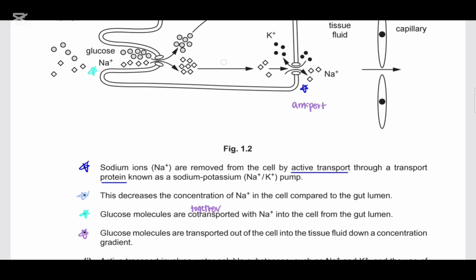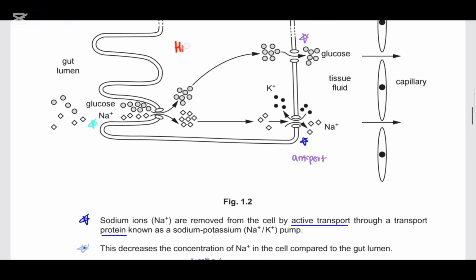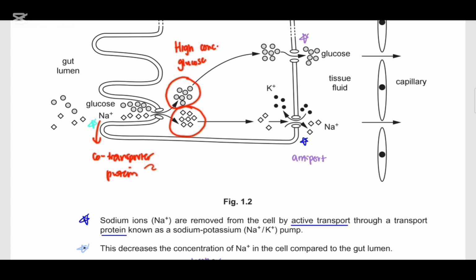Meaning there's already a high concentration of glucose here. So transporting glucose here with sodium, through a co-transporter protein, allows the glucose to be moved against its concentration gradient.